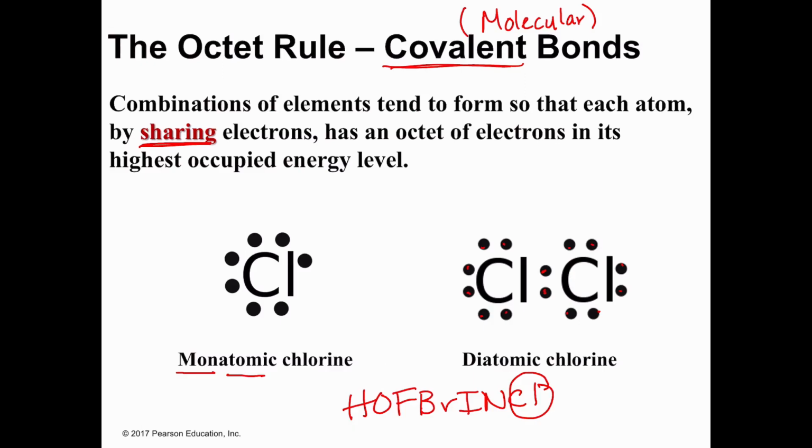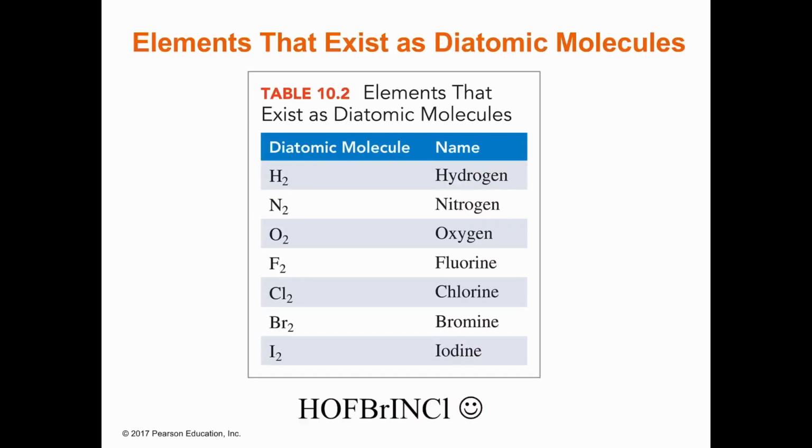And so now they both have an octet. They are stable. And again, like I said, rewrite these 2 electrons that are being shared between them as a single line, and then fill in all of those electrons that go with it. So this is a table from your book. These are all of the atoms or elements that exist as diatomics. And again, my favorite way is to remember it as Hofbrinkel.